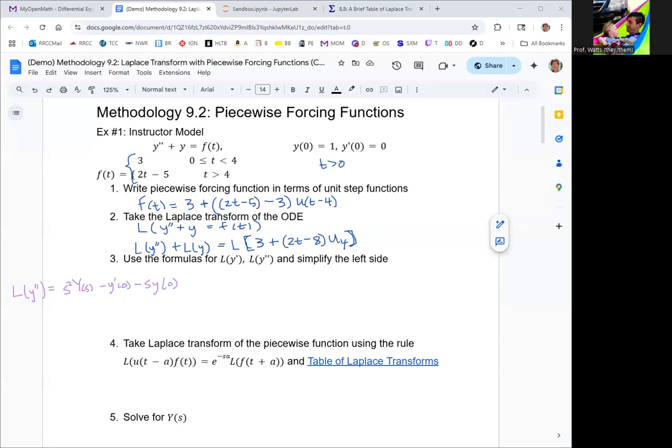Let's just put it front and center. So we're going to use that formula, but we know our initial conditions, so we can actually make it specific to this problem.